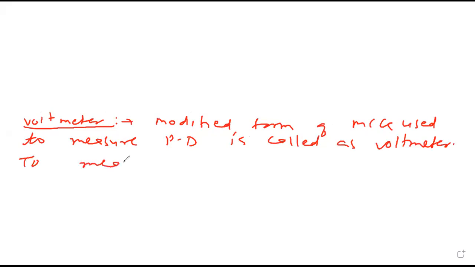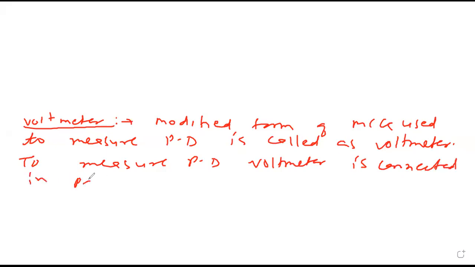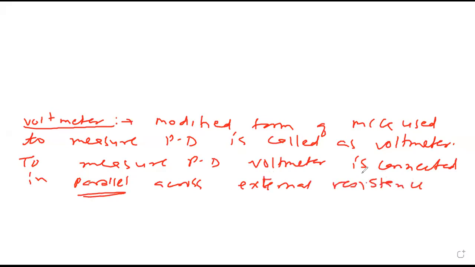To measure potential difference, the voltmeter is connected in parallel across the external resistance. In parallel across external resistance.